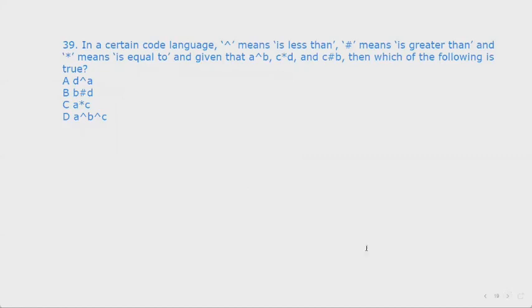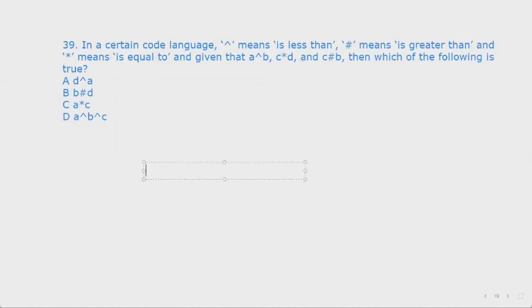So it's a coding decoding. In a language, this means less than, hash means greater than, asterisk means equals to. There are three symbols.